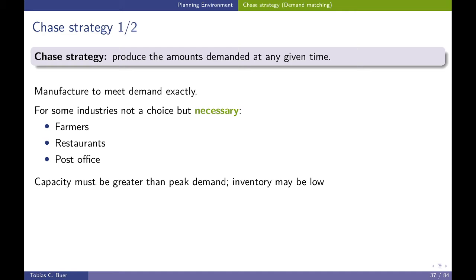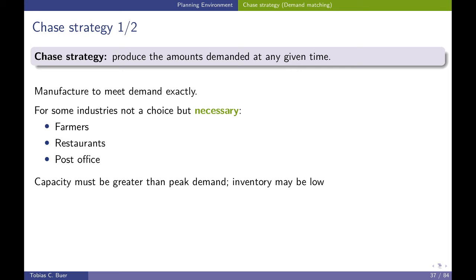So in a restaurant we always have to produce what our customers order, what comes in as demand. For farmers it can be similar, depending on the demand and on the weather conditions. We have to take some actions that are out of our control. The same for post offices and parcel services.